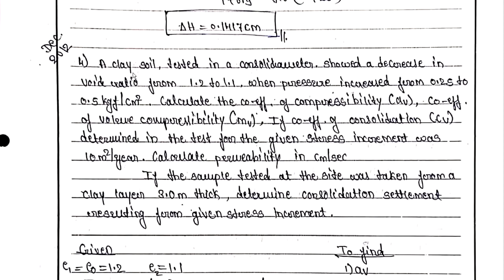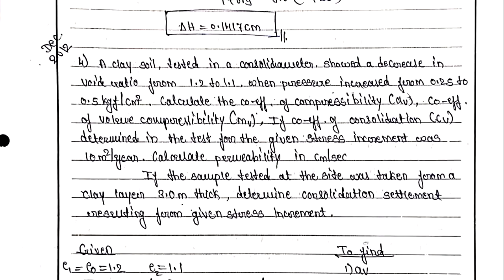Next you can see this example is from your previous year question papers, December 2012. A clay soil tested in a consolidometer showed a decrease in void ratio from 1.2 to 1.1 when pressure increased from 0.25 to 0.5 kg per centimeter square.